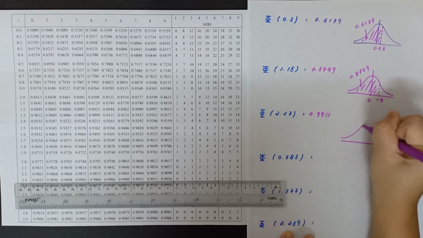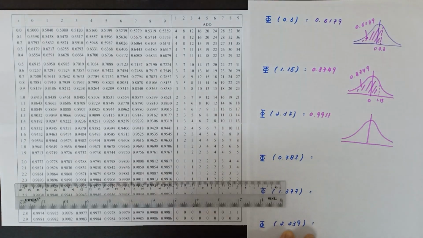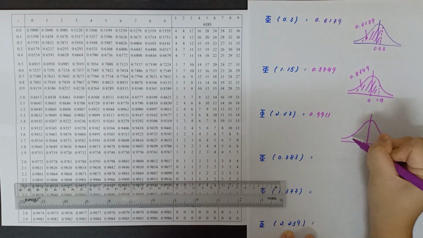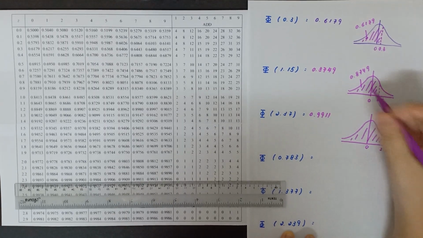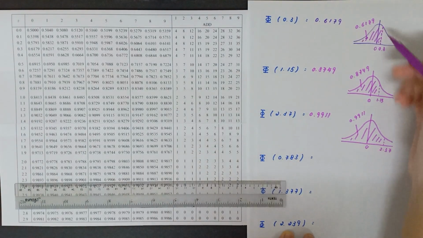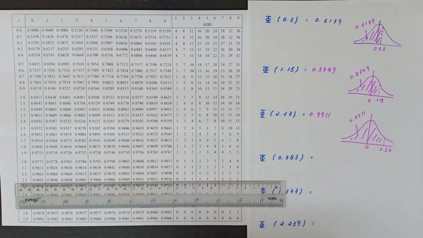When I try to draw the graph, 2.37 will be even further than 0. So it will be something like here. The area under the curve before 2.37 is 0.9911. Is that correct? Yeah. It's the largest among the three because the area that you shaded becomes bigger.